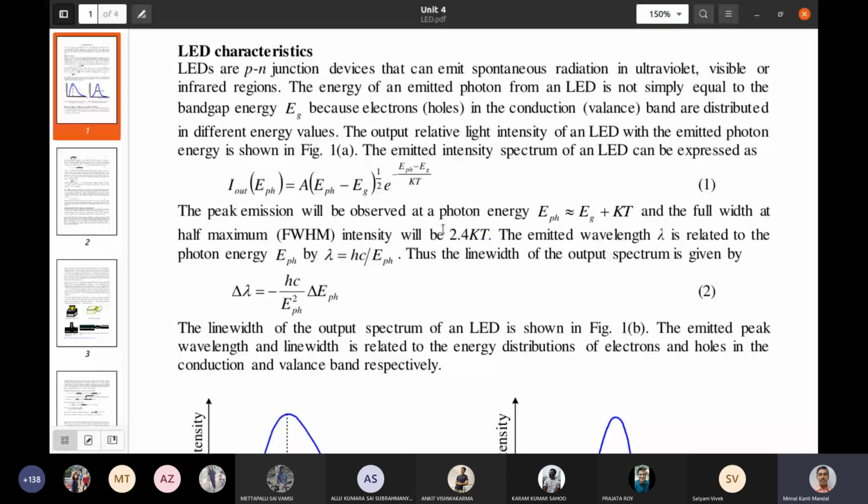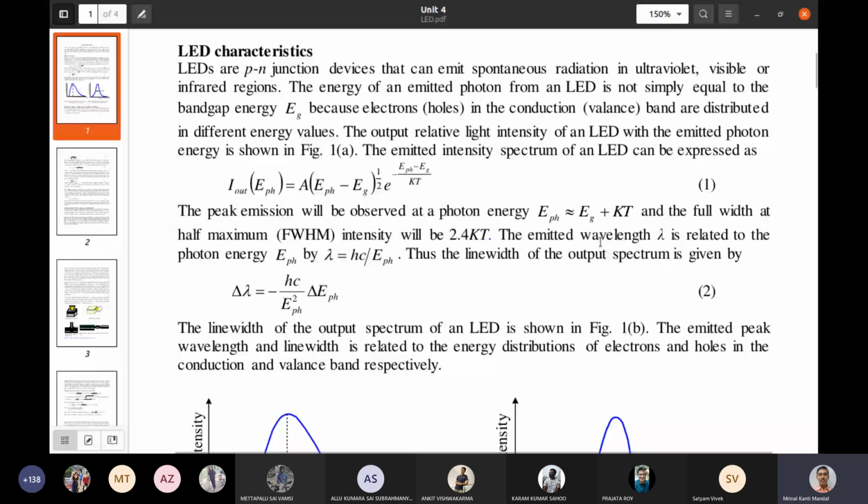kT is due to the thermal agitation of carriers at different levels in the conduction band for electrons and the valence band for holes. And the full width at half maximum intensity is 2.4 kT. This is an experimentally observed phenomenon.